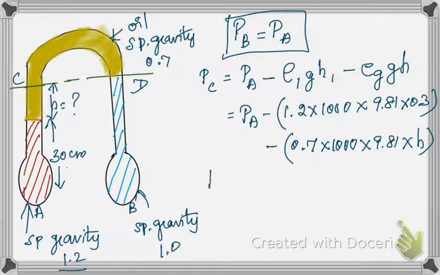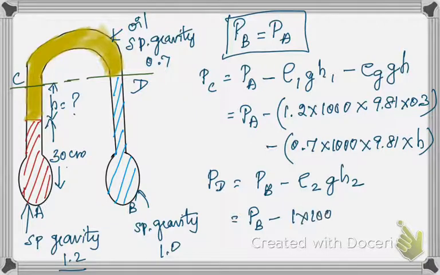And next is PD. PD will be equal to the pressure below the datum line in the right limb, which is equal to PB minus rho 2 g h2. So PB minus rho 2, which here is 1 into 1000, g is 9.81, into h2, which is H plus 0.3.